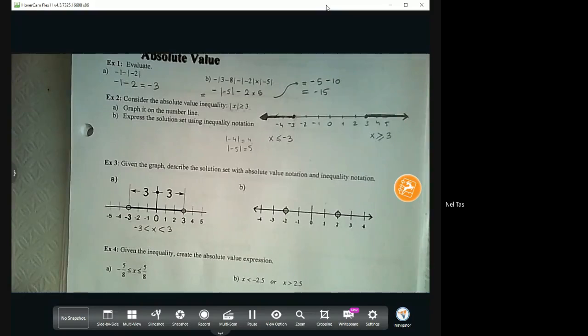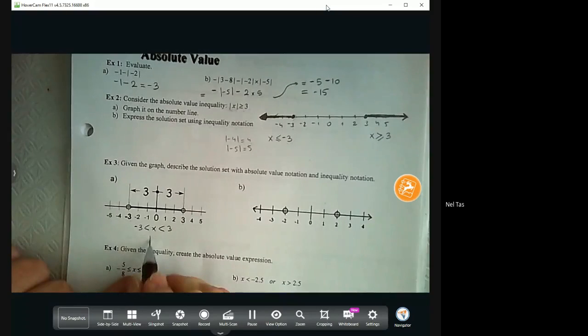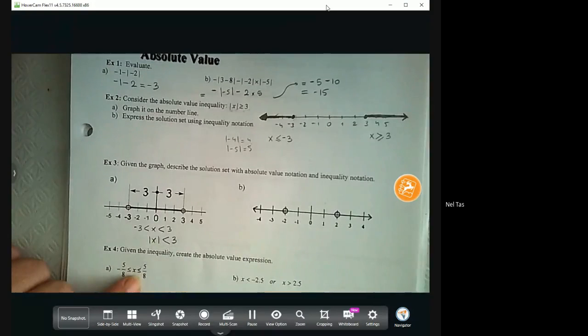If you want to write this with absolute value, then we can say the absolute value of x less than 3. Why don't we use less than or equal to? Because as you see, these points, -3 and +3, are not included in the solution set. We see holes here. So that is the reason it's just less than.